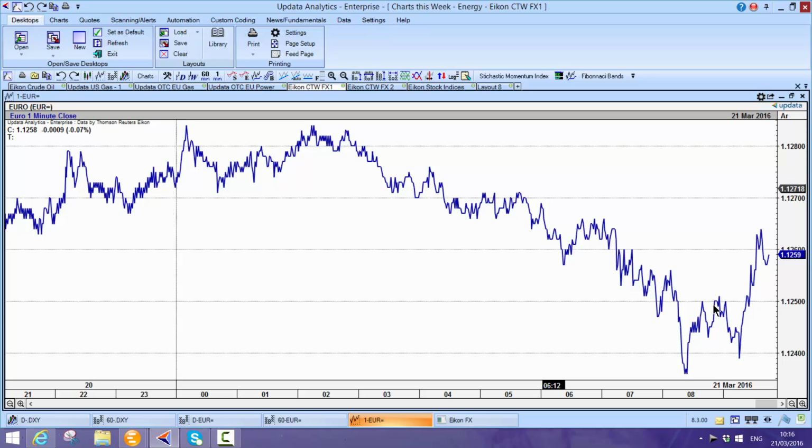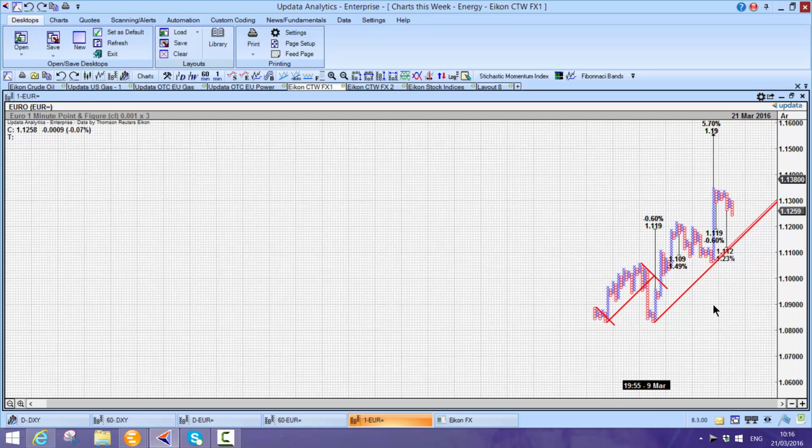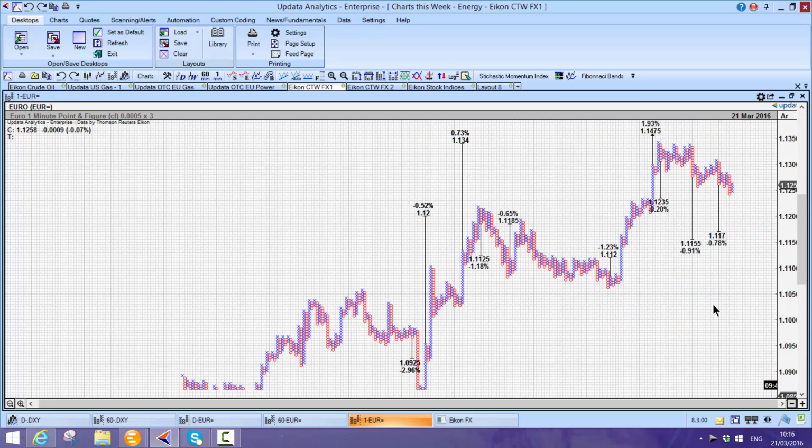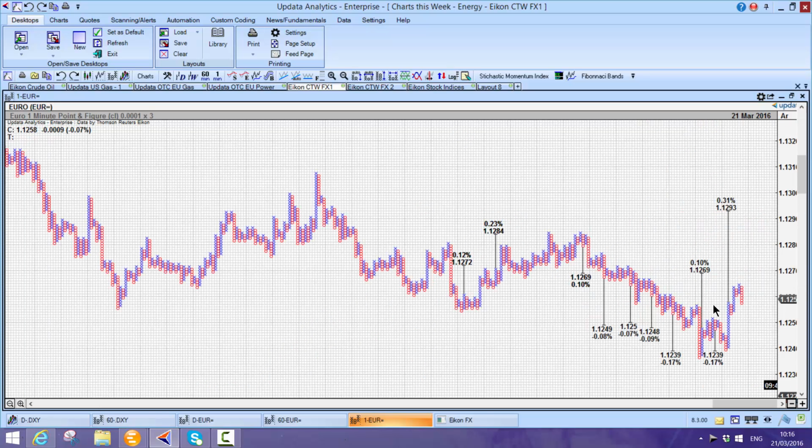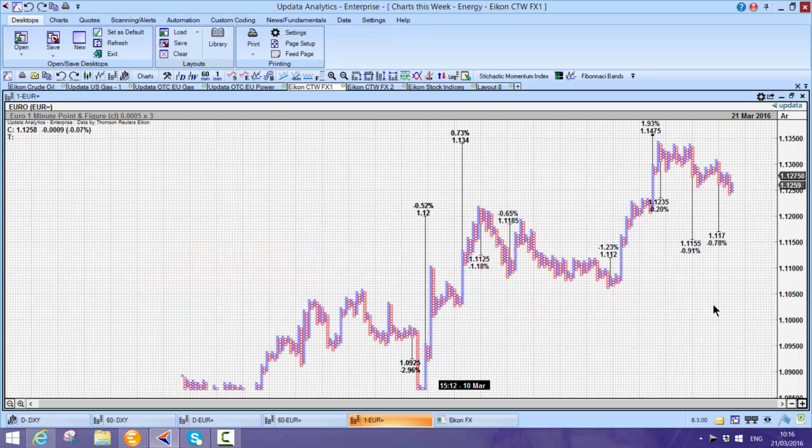So it's really marrying those time frames together. Of course, if you're trading FX, here's the 1 minute chart, again off Thomson Reuters icon. It's EUR equals on Thomson Reuters icon, and if you just adjust these box sizes down here, these give you the targets. So really quite powerful there as well.